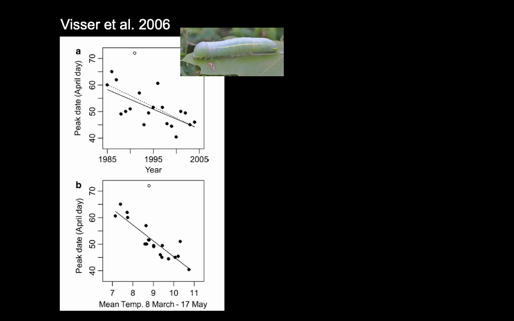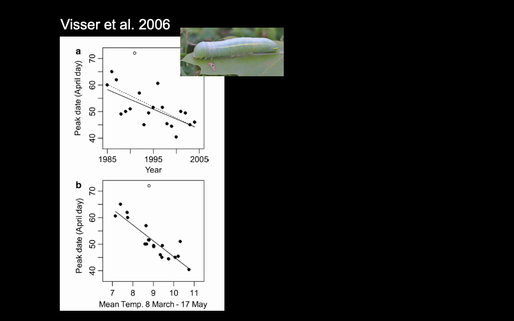And so what we're taking a look at here is the peak date of caterpillar abundance. Peak date is both graphs' y-axis. Taking a look at the top graph here, the x-axis is time, so 20 years from 1985 to 2005.